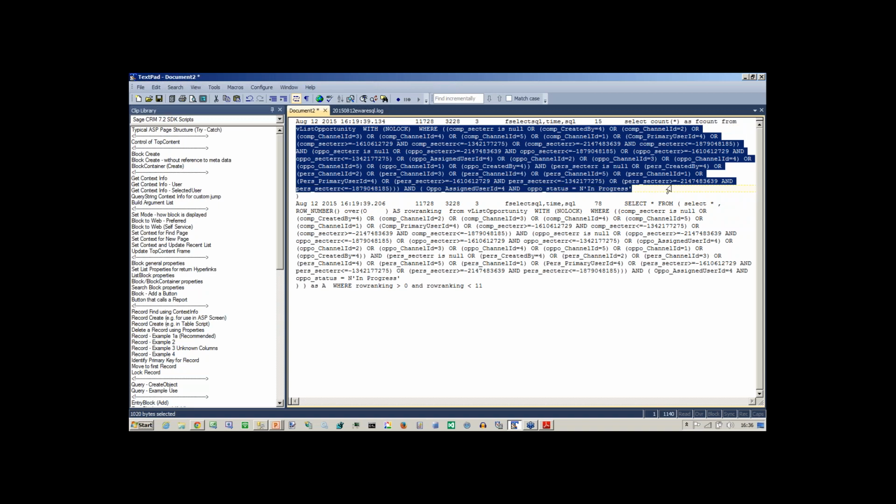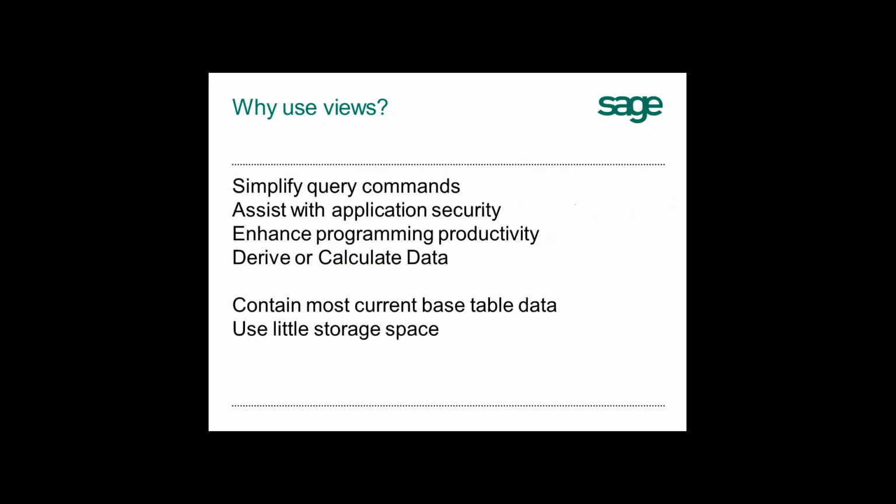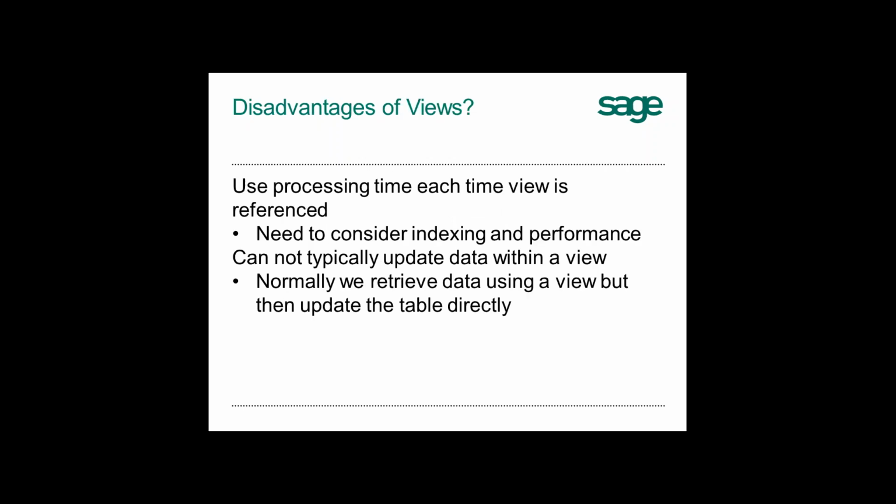And I will be talking much more about that in 2 lessons' time. It allows us as well to derive or calculate data, and it also means that because it's not a cached store or a duplicate of the information, we're always going against the latest table data, and we don't have to denormalize or use up any more space.